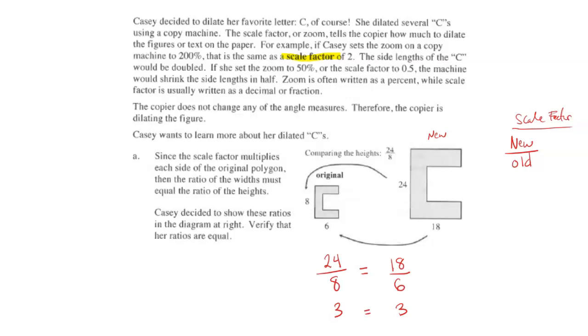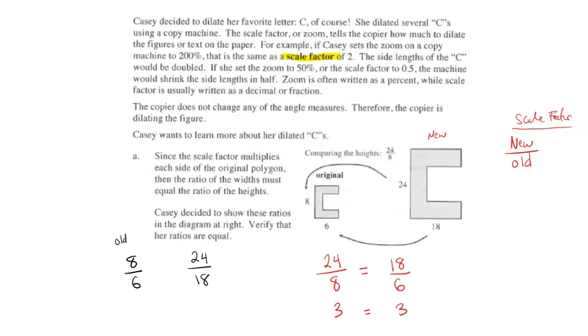But that's not the only way we can verify the proportions are correct. We could look at 8 over 6 for the original, and 24 over 18. 24 and 8 go together, 6 and 18 go together.